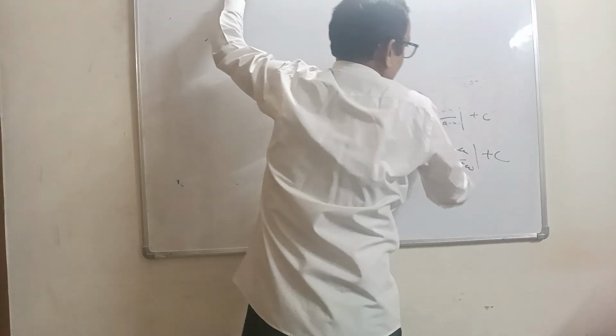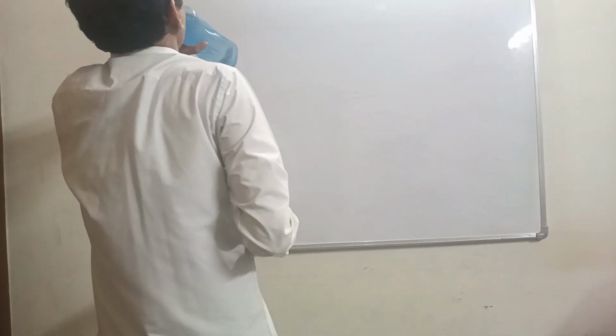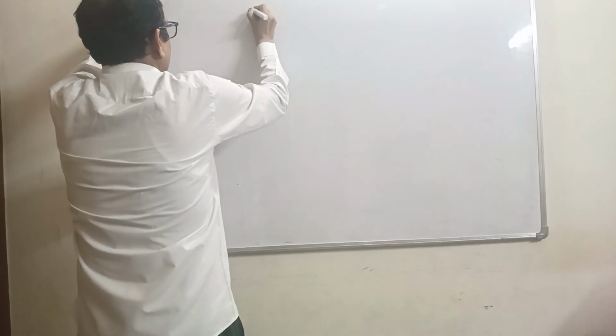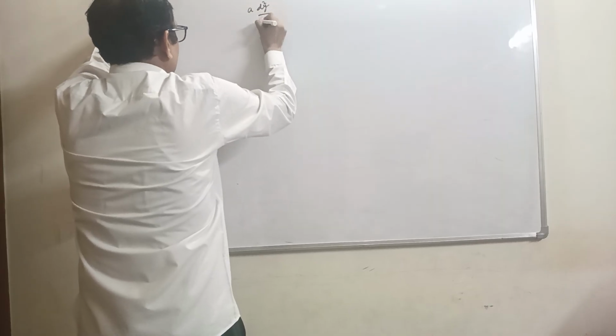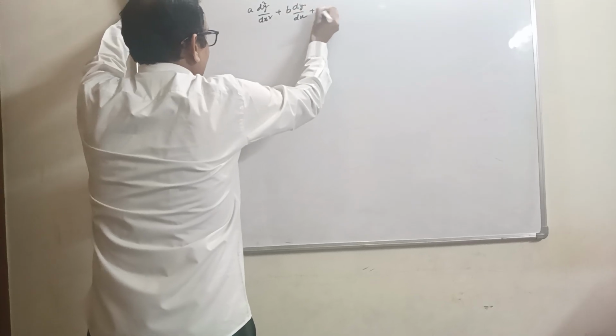So, second order differential equation: a d2y over dx square plus b dy over dx plus c y.